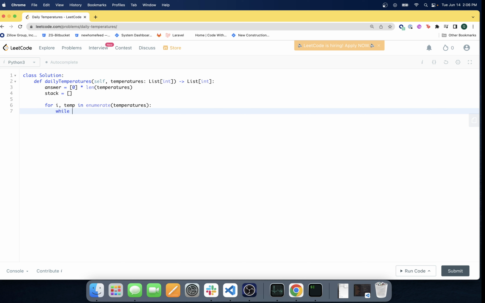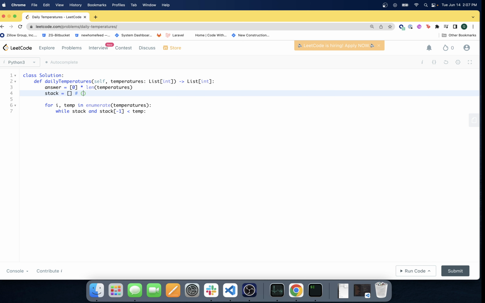So we're going to do while there is something in stack and stack at -1, which is the top of our stack, is less than our temperature. And remember that our stack is going to have a tuple.